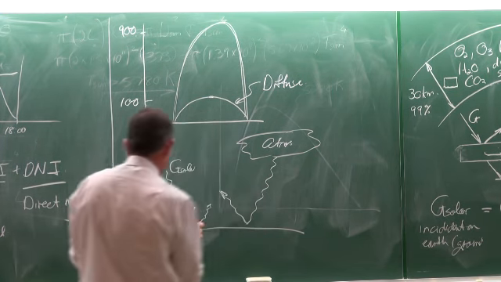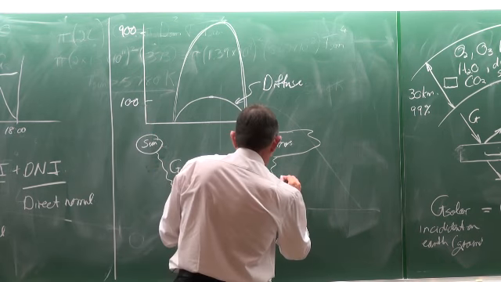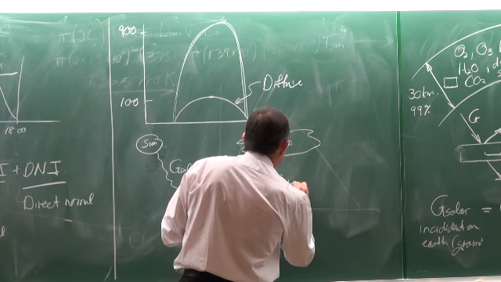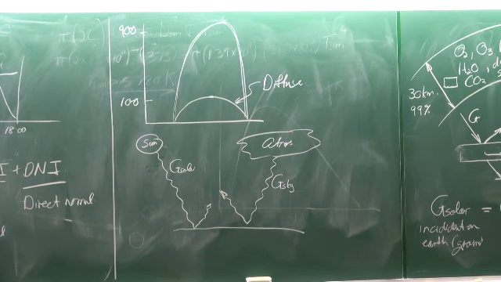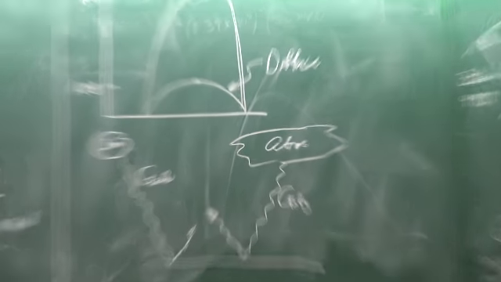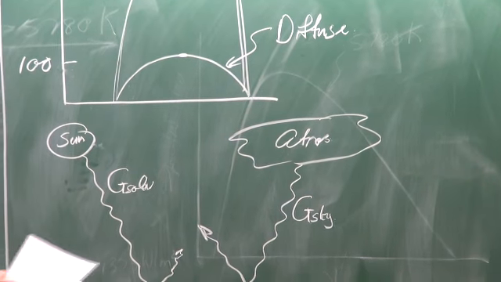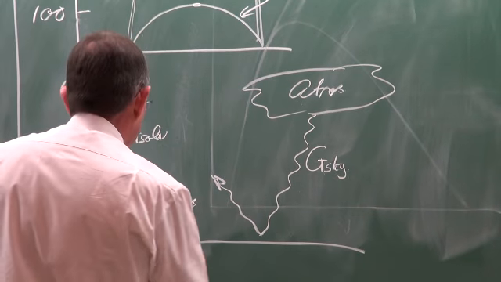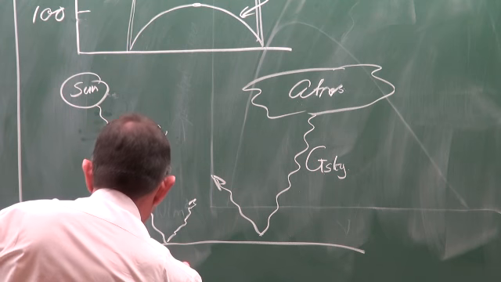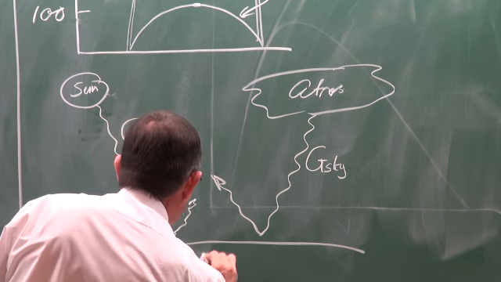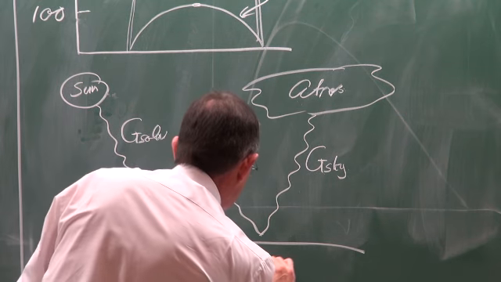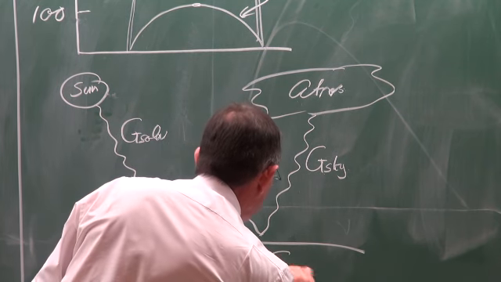Part of it would be reflected. What we're going to do is to give things a little bit more order, we're going to call that the G of the sky. Okay, G of the sky. And what is being absorbed here is alpha multiplied by G solar. And this is alpha multiplied by G sky.